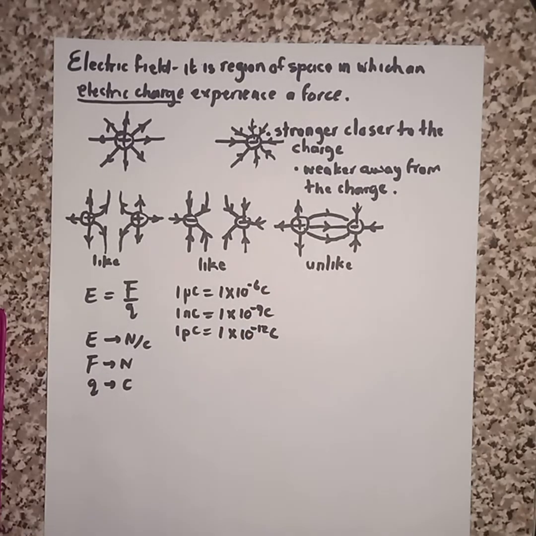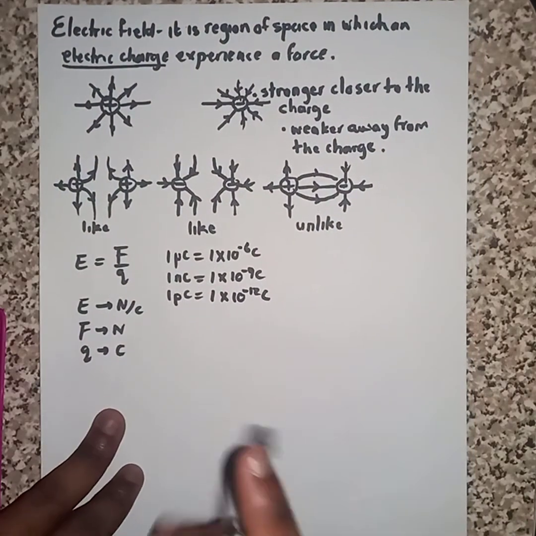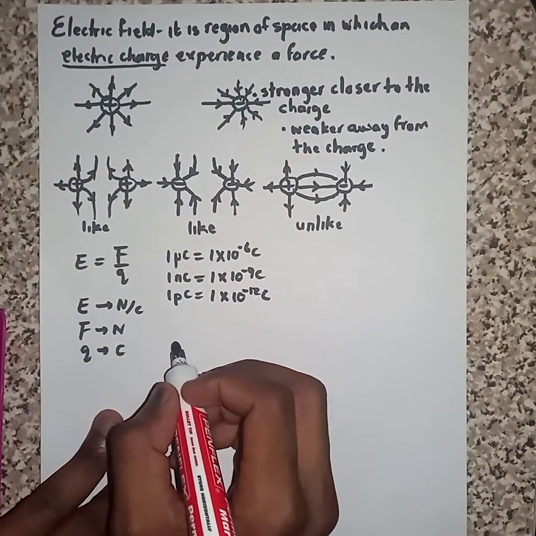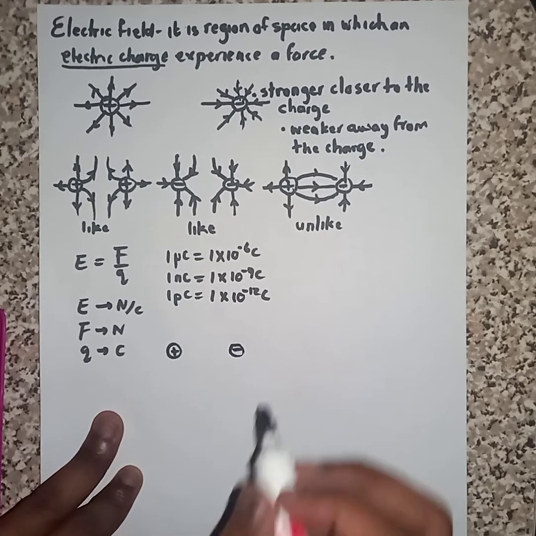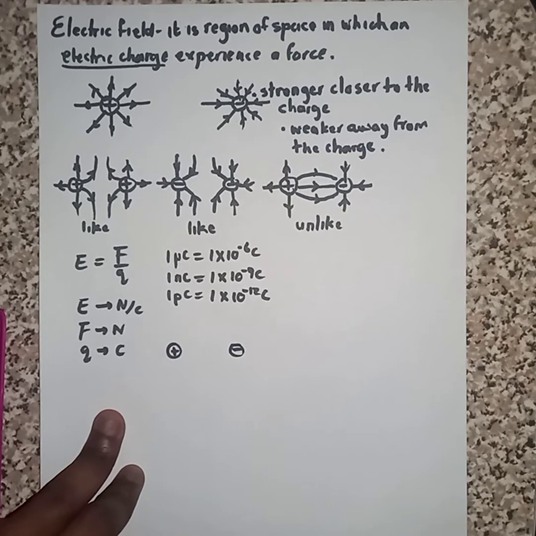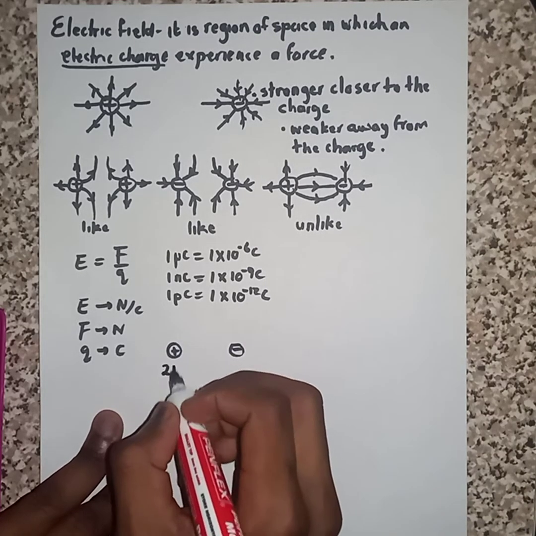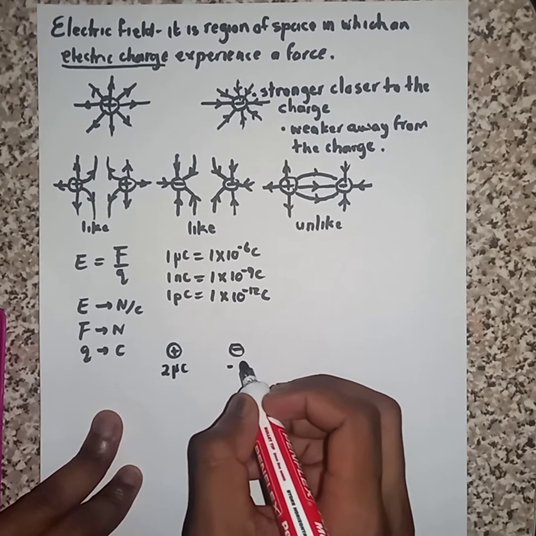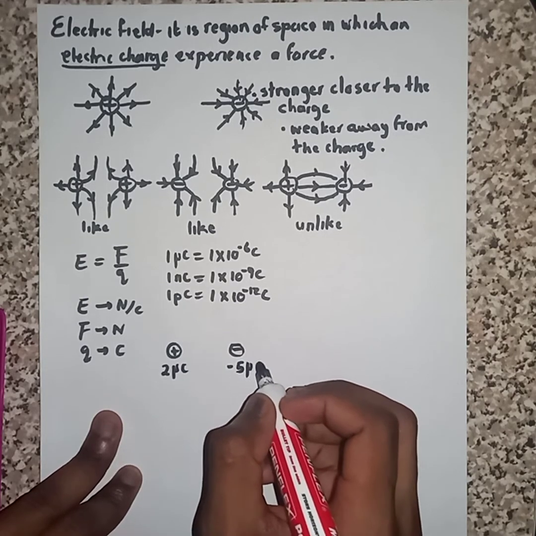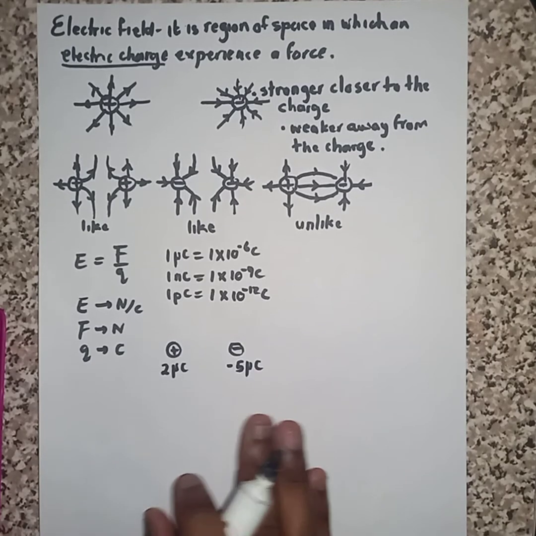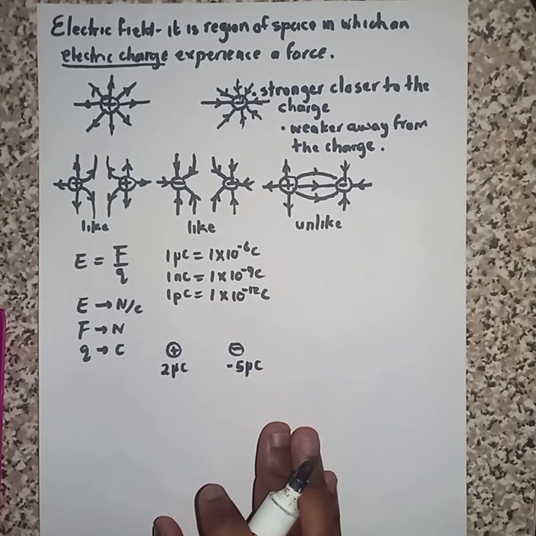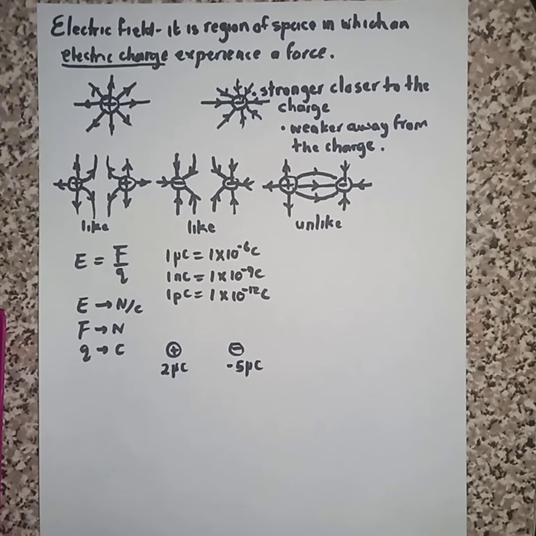Then now let us consider a situation like this. Suppose I have a positive together with a negative charge of 2 microcoulomb and minus 5 microcoulomb. Then I have this situation.